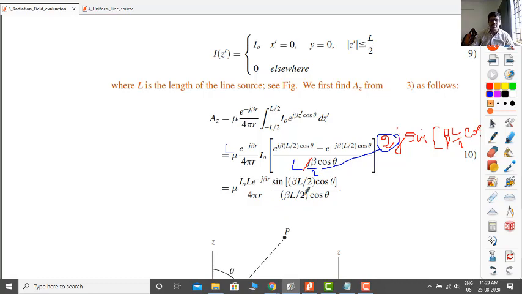Because we try to refer to this term as a sinc. It is in the form of sin x by x. X is the argument, so the argument is beta L by 2 cos theta, and the denominator is also beta L by 2 cos theta. We can write this term in the sin x by x form.